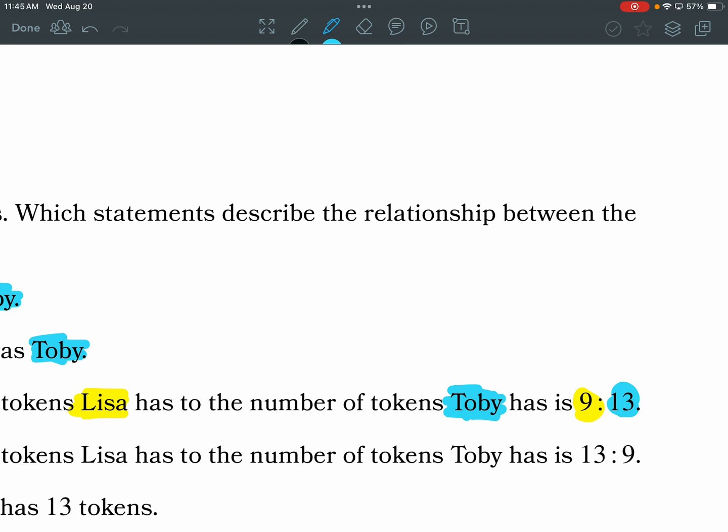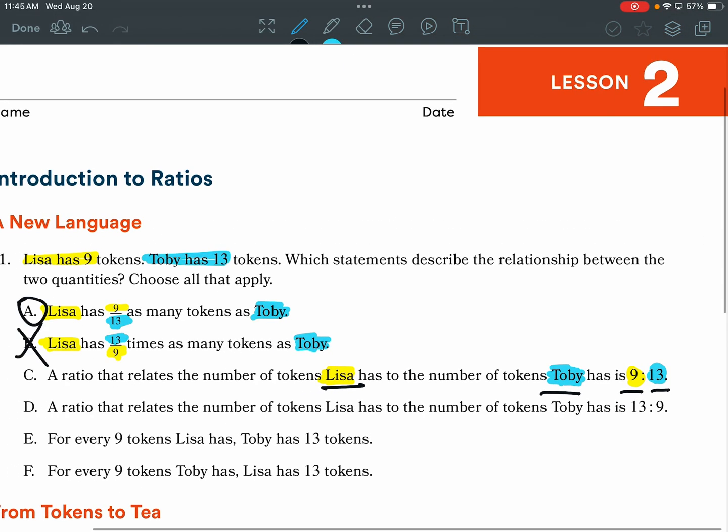So I found the first person, and then I jumped to the numbers. Do you see how I do that? Because I'm looking for that ratio. So one way to look is, do you see yellow, blue, yellow, blue? Did we stay in order? Yes. So is C true? Absolutely. You got to stay in order.